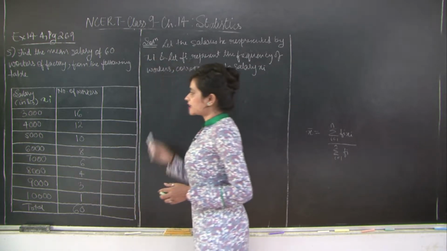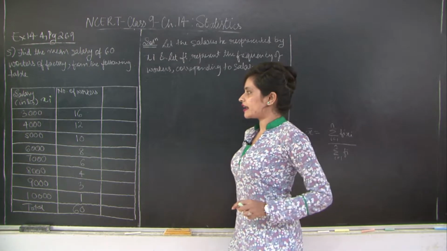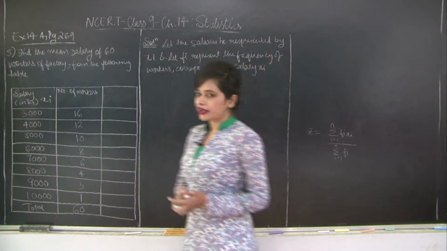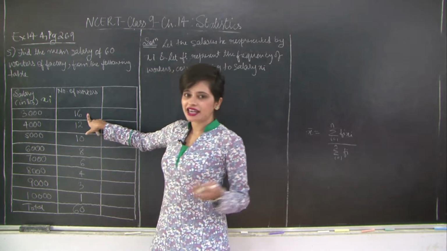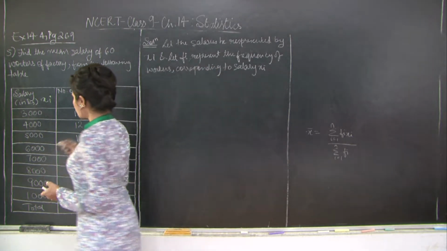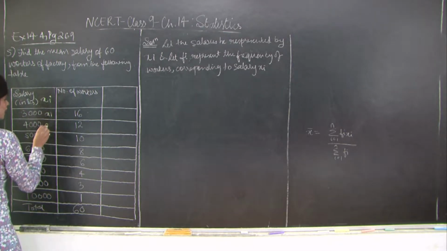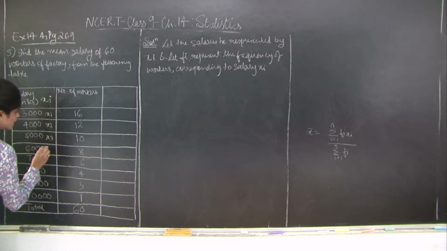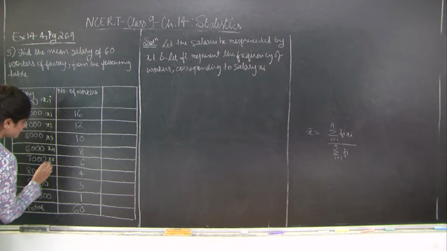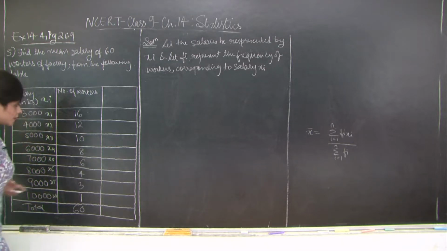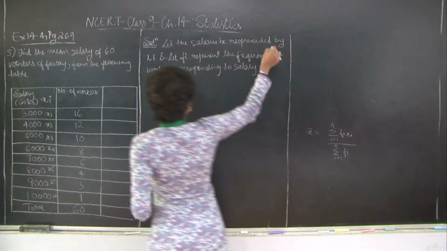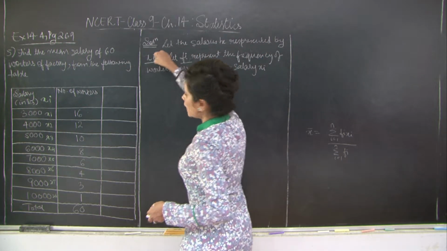So when I say corresponding to the salary xi, it would be fi, right? So now this one was x1. So what would this one be? It's f1, right? Let me just mark this as x1, x2, x3, x4, x5, x6, x7, x8, right? So now fi corresponds to xi.